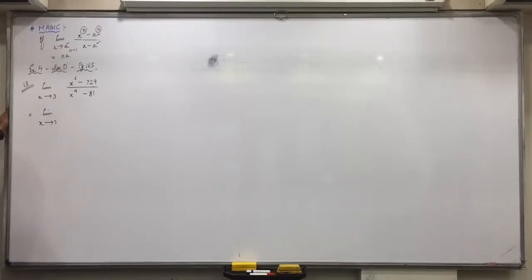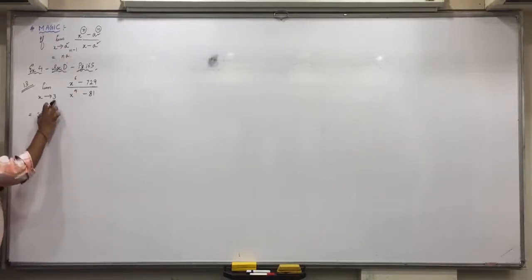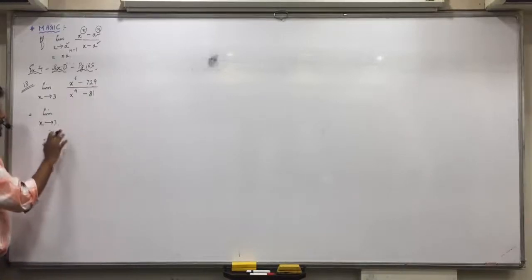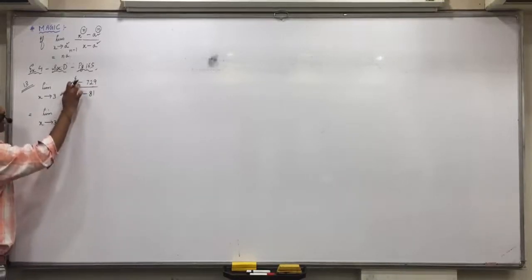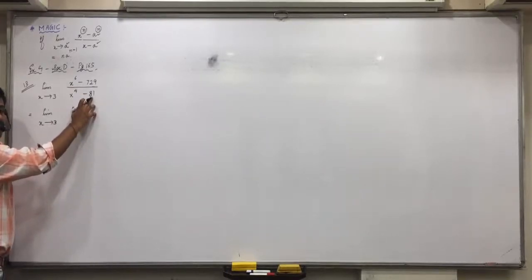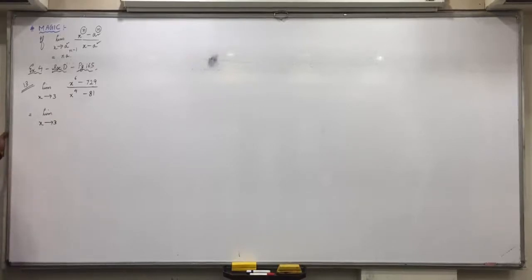If you want to waste time, you can waste. But whenever you have x tends to 3, directly 729 will be replaced with 3 raised to 6, and directly 81 will be replaced with 3 raised to 4. First step. Any confusions with this?